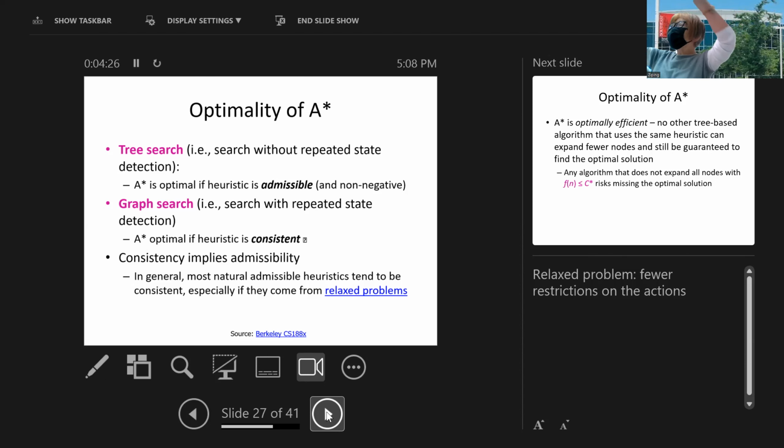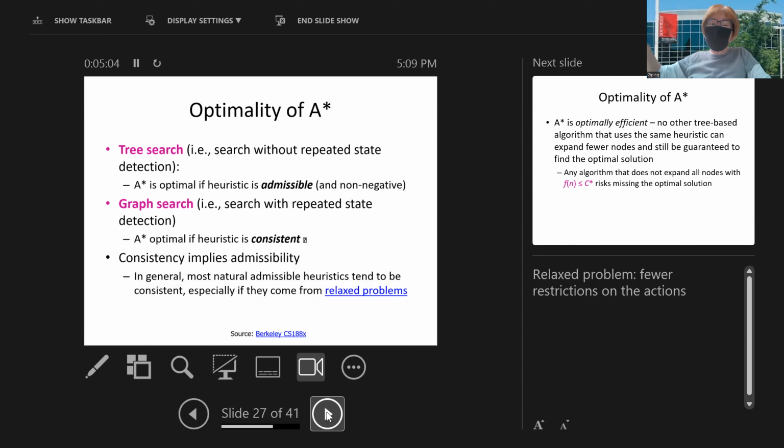You remember the graph from Arad to Bucharest? For the heuristic we used straight line distance. Definitely, the straight line distance between any two cities is going to be less than or equal to the actual route distance. So for tree search, you can guarantee A star is optimal if the heuristic is admissible.